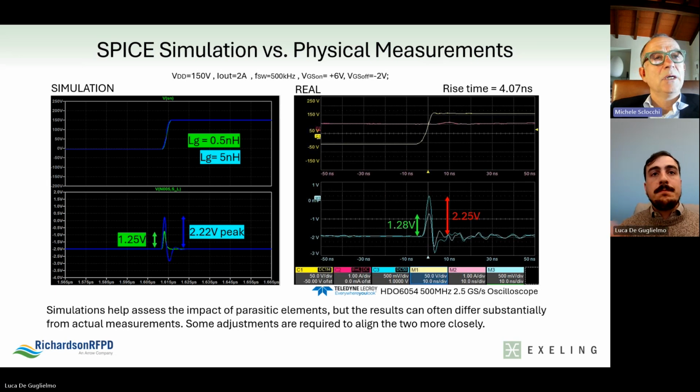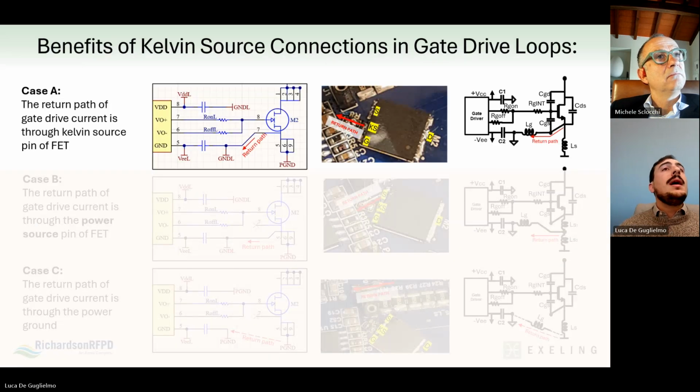Very nice, Luca. What about the Kelvin source? Let me show you a quick comparison of 3 different ground return paths on our demo board. The first case is what we have implemented on the board, where the gate return path is through the dedicated Kelvin source pin of our Innoscience GaN.